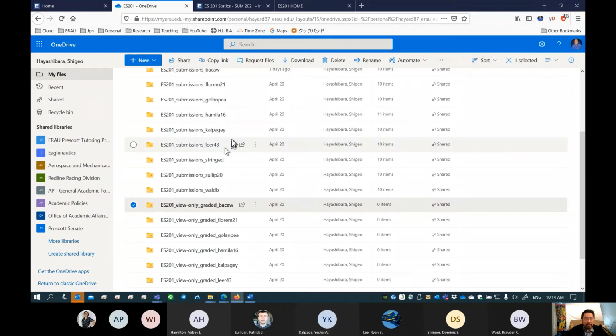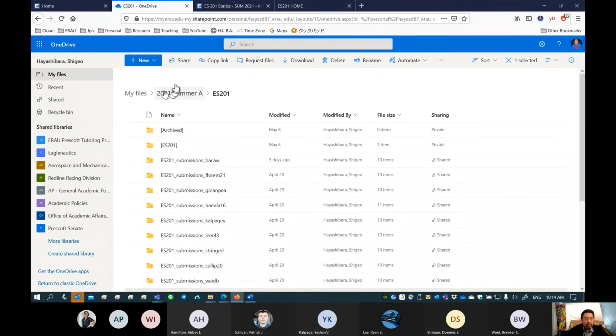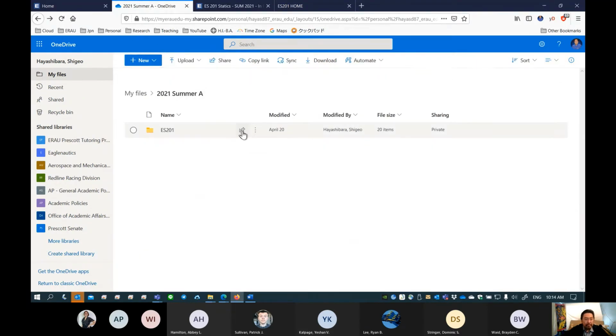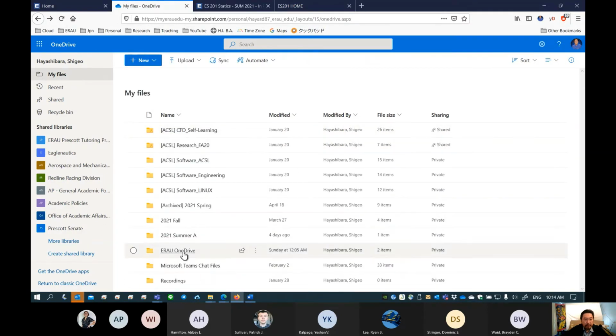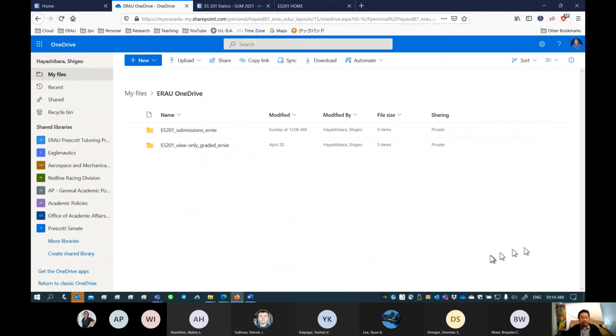Let me demonstrate. I have a mockup file here. So let me just access this mock file. This is the simulated 2 file folders shared with Dr. H. I'm using Ernie as a user ID.